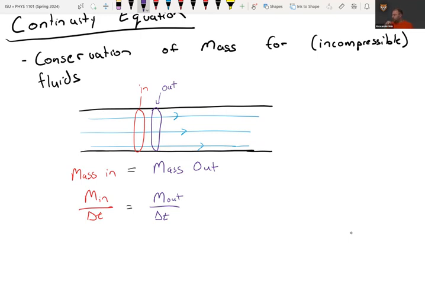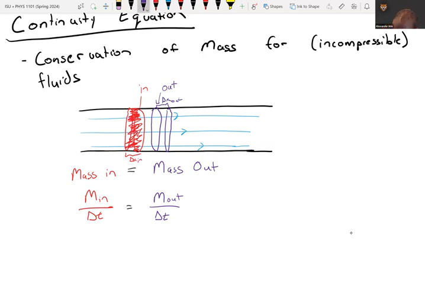Now, from here, what we can do is actually start treating a little block of fluid in here. So basically what we have is I'm just gonna make this little red block delta X, and I'm gonna make this little purple block that will be called delta X out and delta X in.